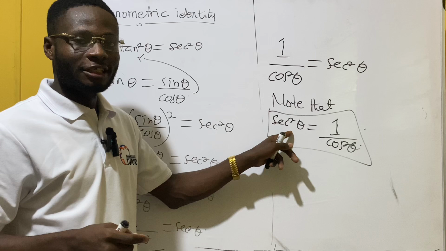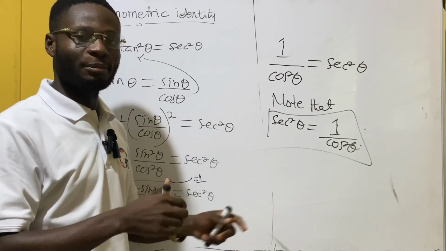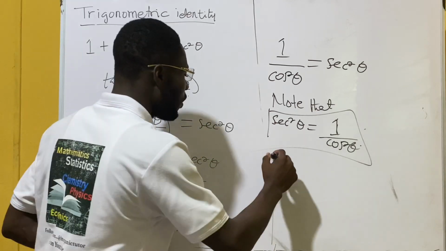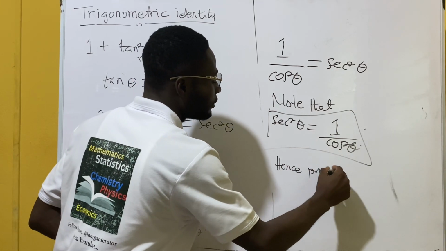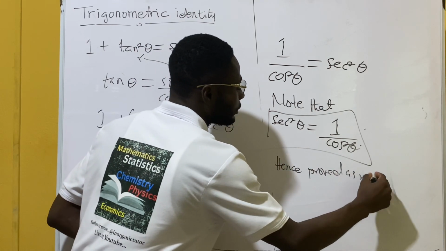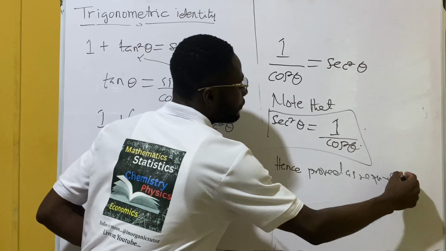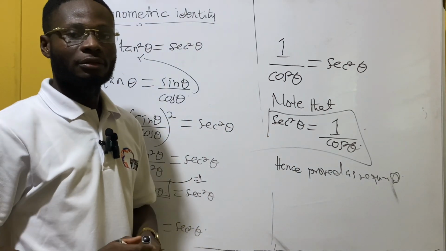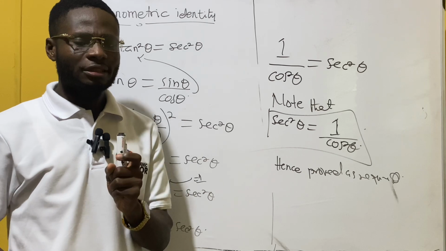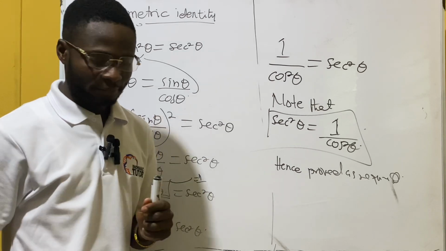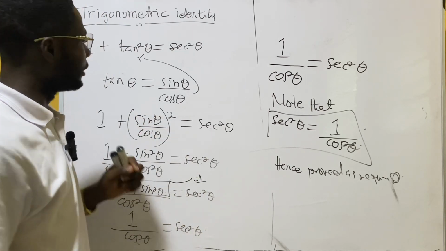That is basically sec squared theta, and that is the proof. So therefore, hence proved as required. Okay, so I want to give you a little tip in here.